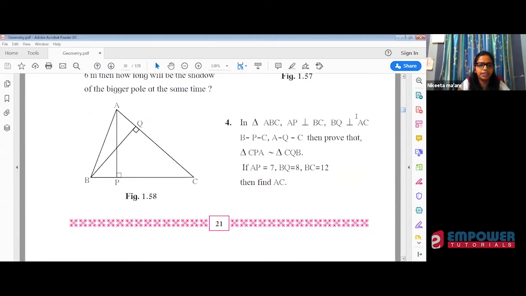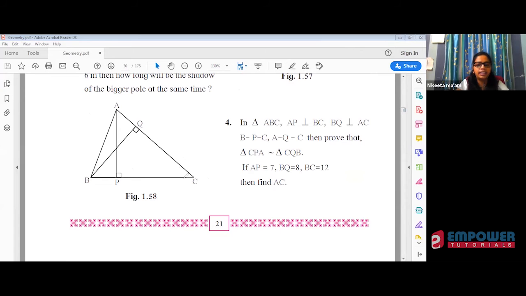Yes. Now in this case, yes. So take that triangle CPA. So CPA means, okay, so this triangle, okay, so one triangle I know, and then CQB.